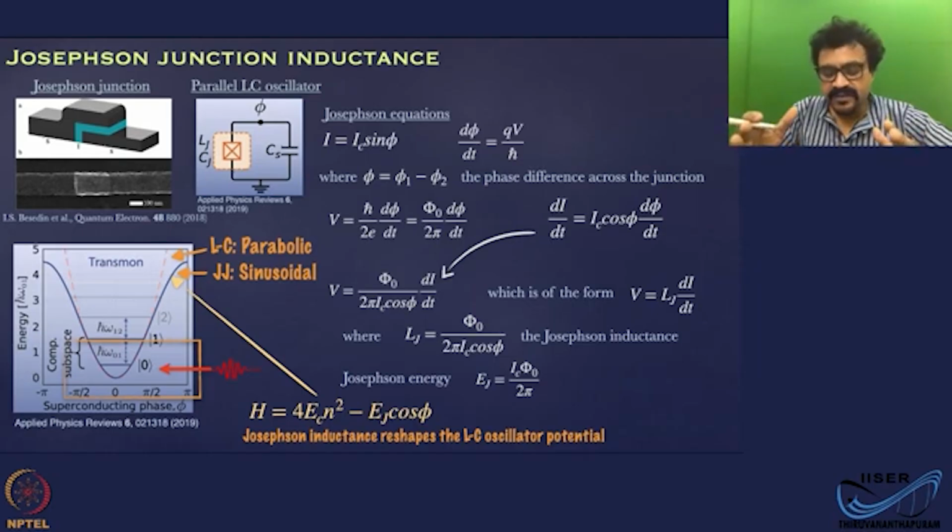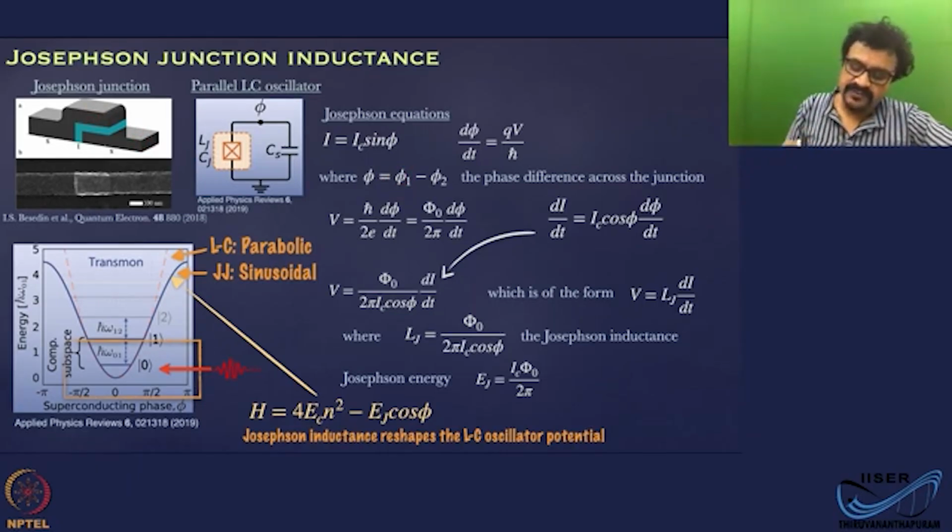Now, from the Josephson equations, we have the current through the junction is I_C, the critical current, times sine phi, where phi is the phase difference. And the voltage-to-phase relation is that the time derivative of the phase is proportional to the voltage, 2eV by h bar, where phi is the phase difference between these two sides.